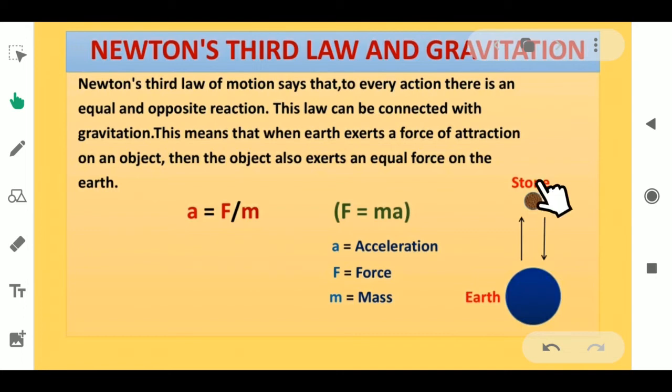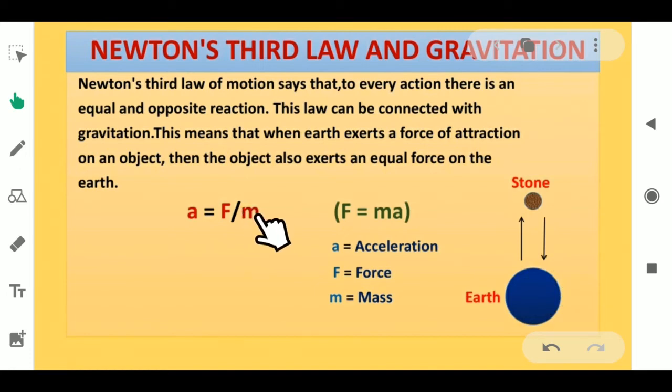How? Here the stone is a lighter body, which means less mass. It should have greater acceleration. Here it is correct, right? The stone is moving towards the earth with a greater acceleration. At the same time, the earth has higher mass, right? Or the earth is a heavier body as compared to the stone.